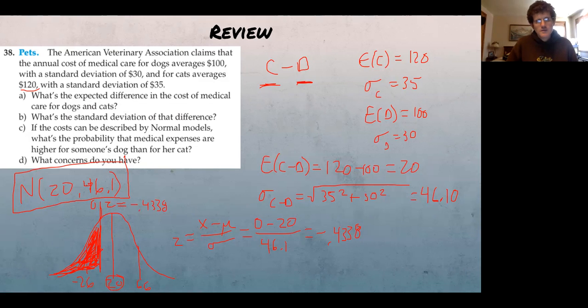Okay. So again, if you're following from here, the only thing we have left to do is figure out what is the area from negative infinity up to negative 0.4338, and that is where we use normal CDF. It's a normal distribution, and remember that CDF is just the cumulative density function, which determines what the area is under the curve. So if I plug that in on the calculator, I'm going to go from negative 99 to negative 0.4338 with a model of 0 for the mean and 1 for the standard deviation.